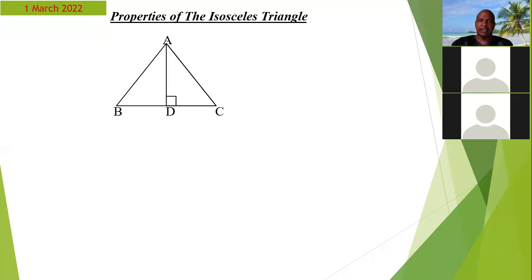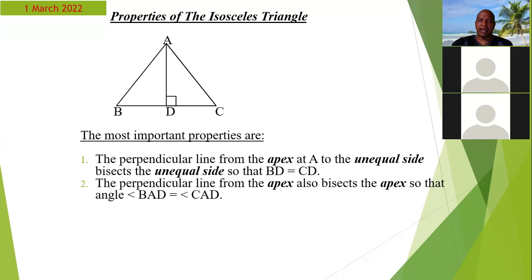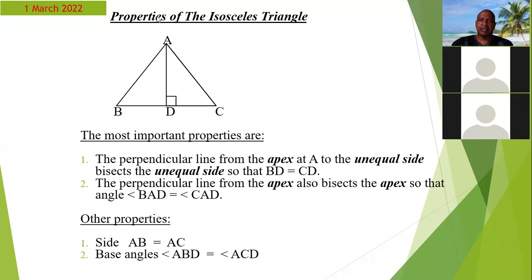All right, so some important properties to look at. We say the apex angle is the angle at the top of the triangle. So here, the apex angle would occur at A. Just to give you an idea of what the apex angle really is, ignoring the vertical line, the apex angle is the angle going all the way across.